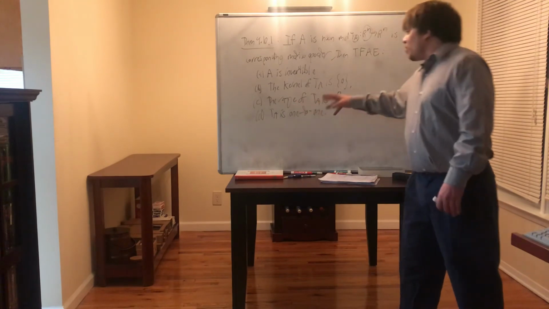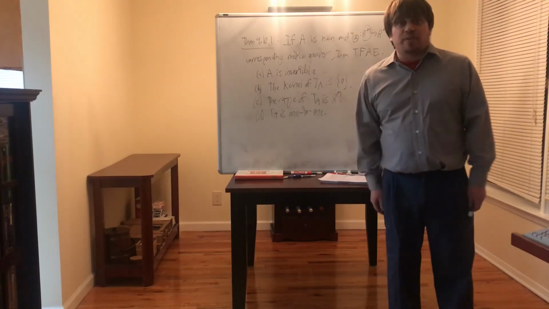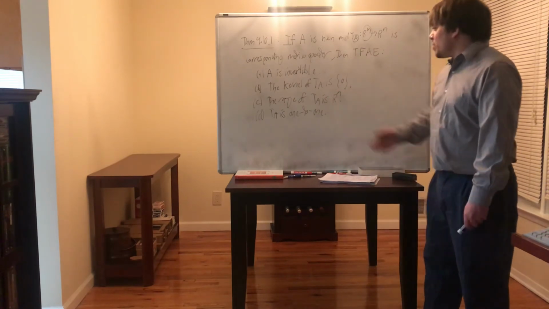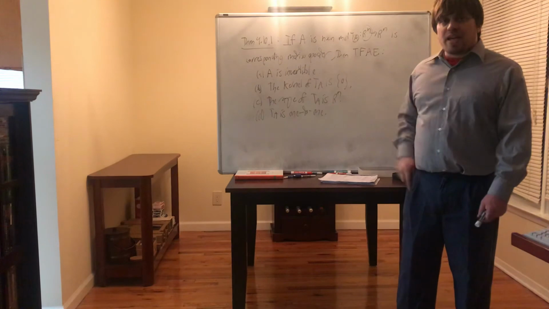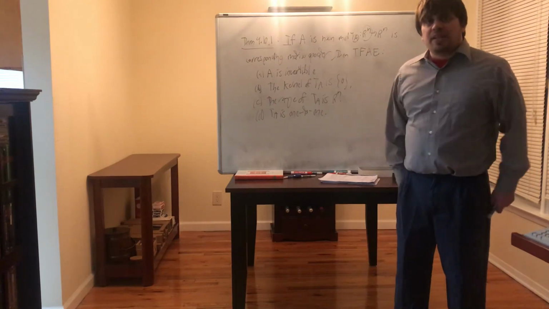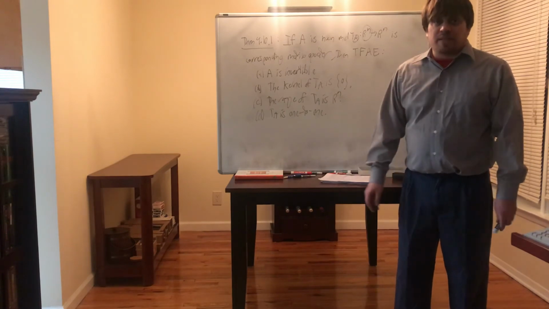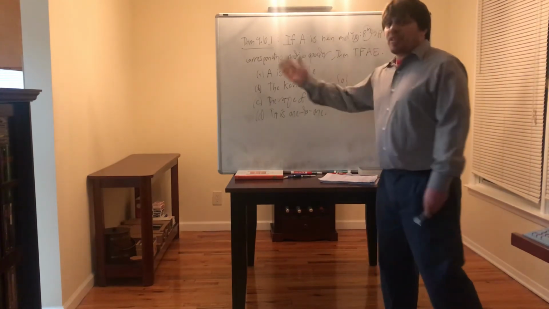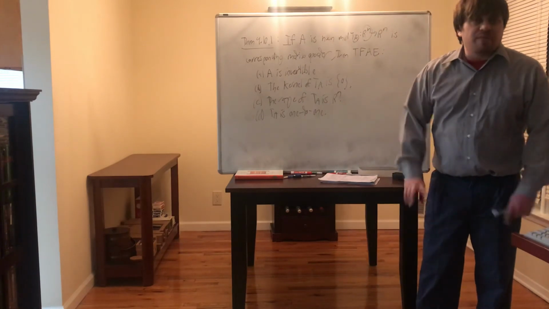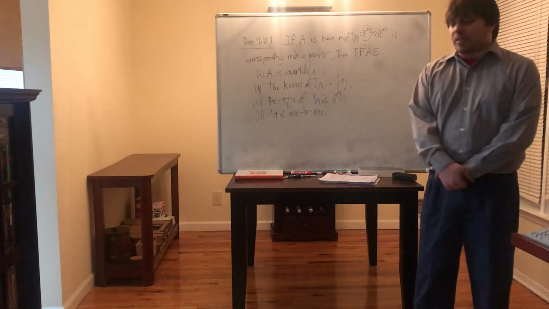C says the range of T sub A is R to the n. Well, the range of a matrix transformation is the set of all images of that matrix transformation. And so if the set of all images is R to the n, that means every n-tuple, every vector in Rn is mapped to by something by T sub A. So every vector in Rn is the image of some vector under the matrix transformation T sub A. That's what C says.